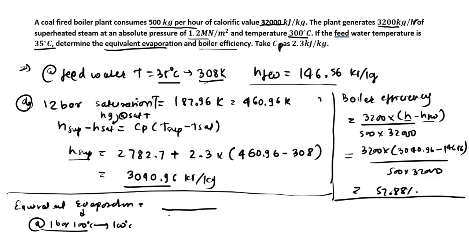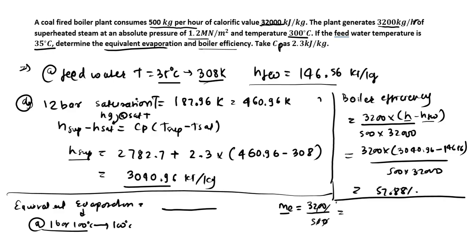So we can get it using this. Firstly, you need to calculate the equivalent mass for this, that is, how much steam your boiler is making in the normal condition. For that there is something called ME, which is the mass equivalent of evaporation, and it can be calculated simply using 3200, not 32,000. 3200 kg per hour is what our plant is making, and 500 kg per hour is the fuel consumption.